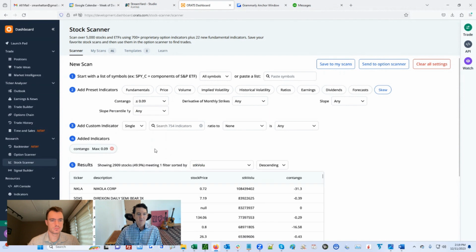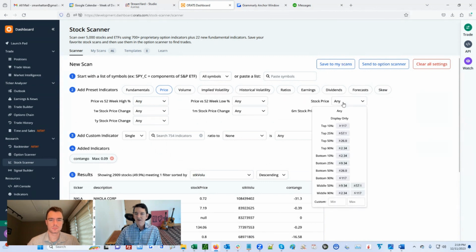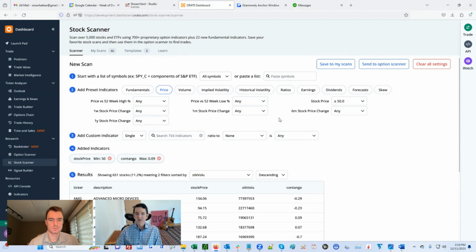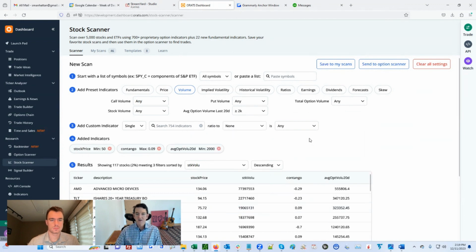So let's go bottom 50%, and we want a stock price. I like them over $50 for ETFs that we're going to be finding. Volume: I want option volume of at least over 2,000 contracts.